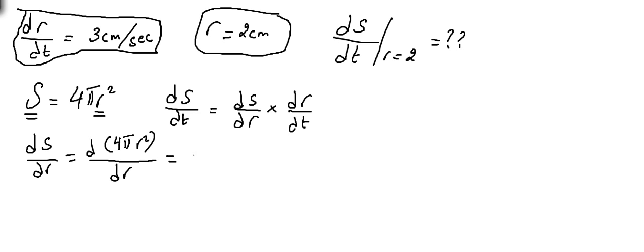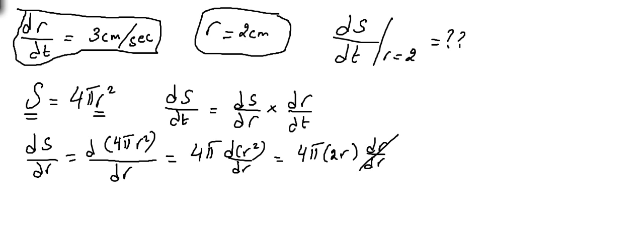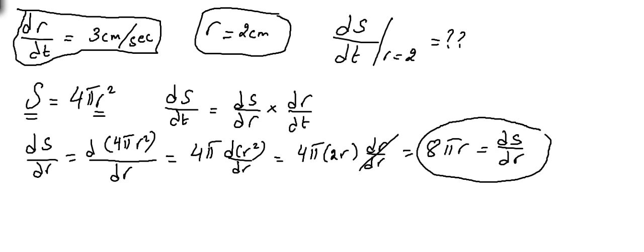So this will be equal to 4 pi, which we can put outside because it's a constant, times the derivative of r squared with respect to r. The derivative of r squared is 2r, and the derivative of r is 1. What is left is 8 pi r, and this is dS/dr. Now we found dS/dr.